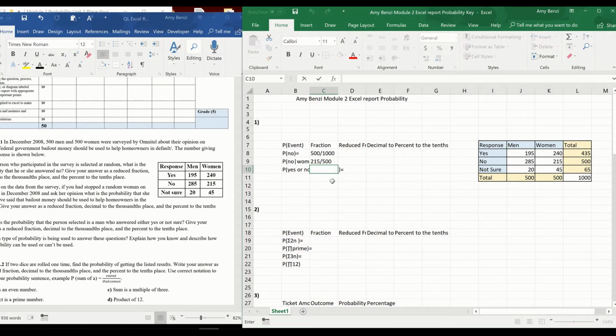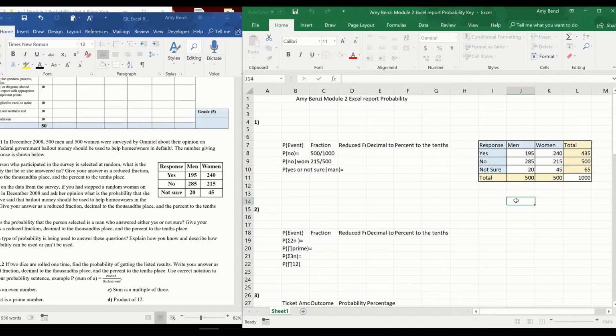In this case, I want to know who said yes or not sure if they were a man. So I don't care about the women anymore. If they were a man, conditional probability. Who said yes or not sure if they were a man? Well, all the men who said yes and all the men who said not sure.